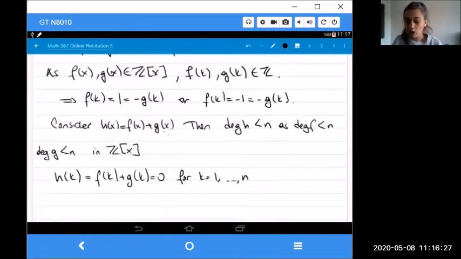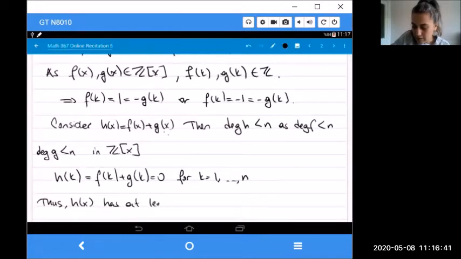So we have found at least n different roots of this polynomial h. Thus, h of x has at least n roots. But this is a contradiction. Why?